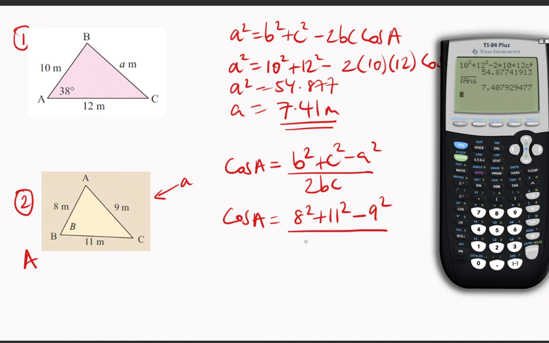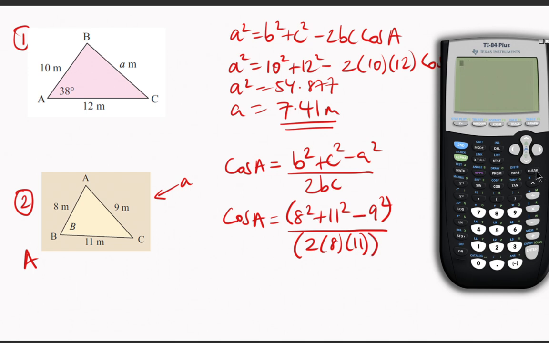All divided by 2 times B times C. So 2 times 8 times 11. Okay. So what we're going to do is put this into the calculator. Now you do have to be careful with these calculators. You really need to put a bracket around the top and a bracket around the bottom. Otherwise it may do some strange things.